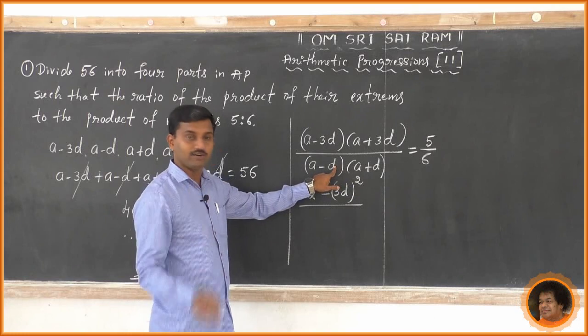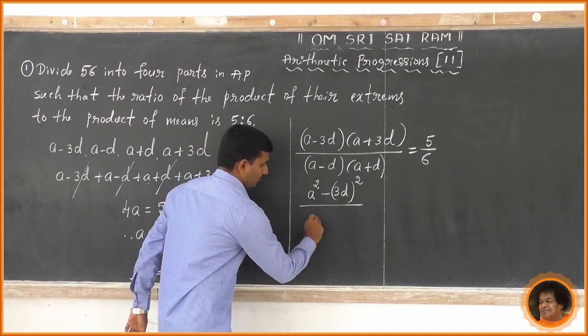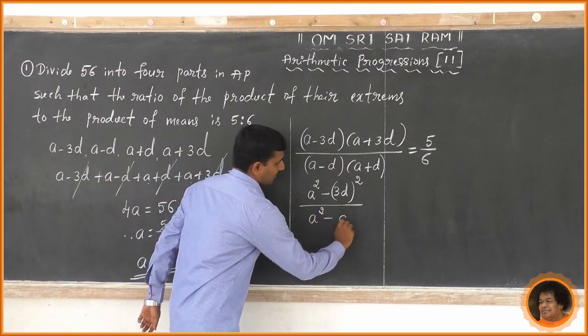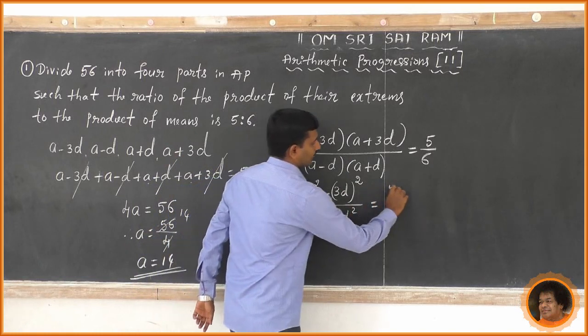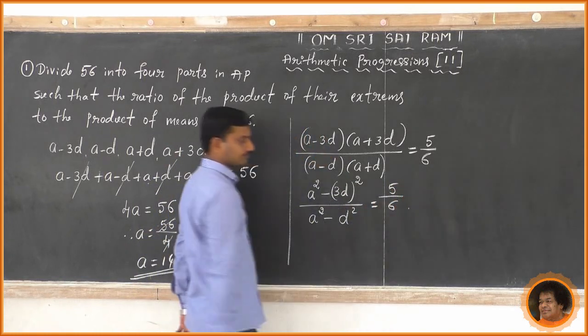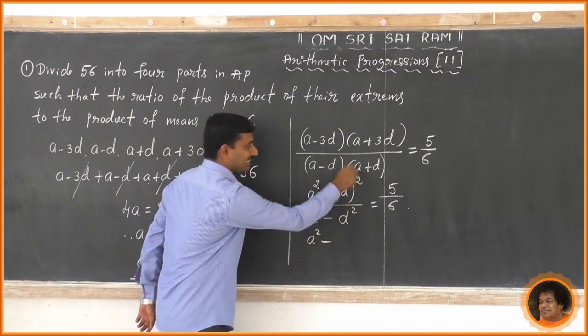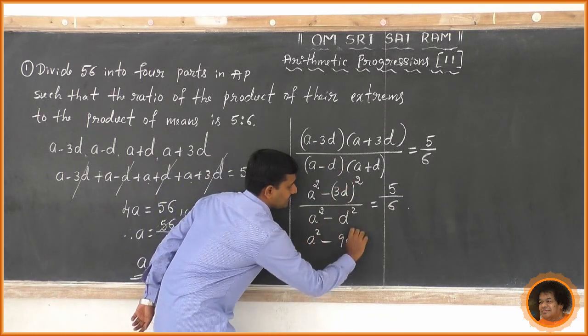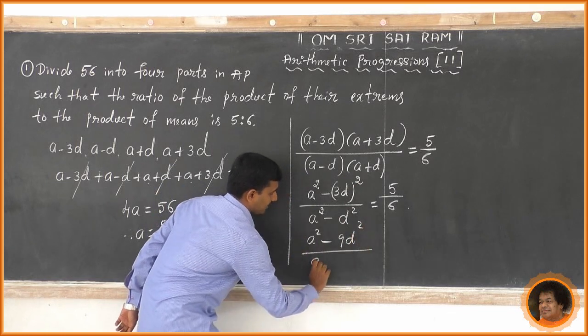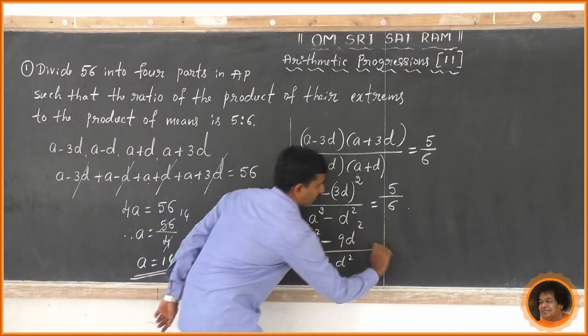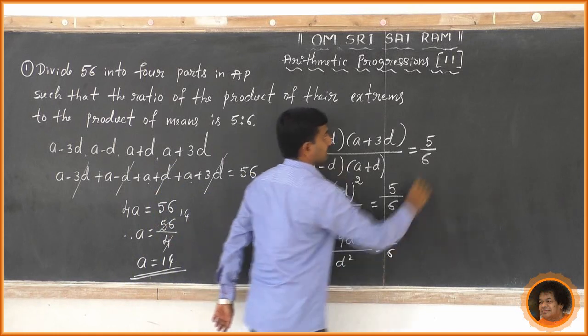This is also in the form of a plus b into a minus b, a square minus b square, d square, equal to 5 by 6. Now simplify. So a square minus 3d whole square, that is 9d square, divided by a square minus d square, equal to 5 by 6.